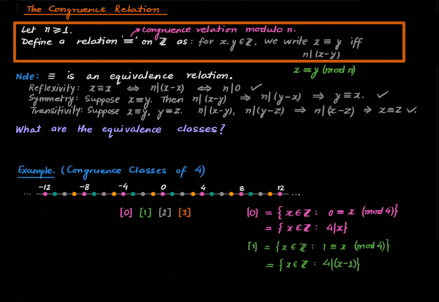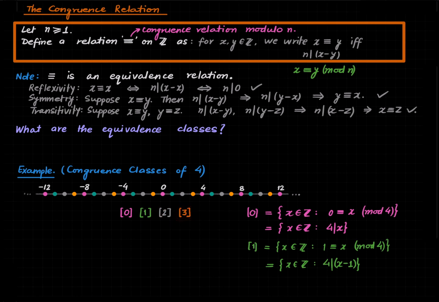And those are the things which are 1 shifted by the equivalence class of 0. So 1 and 5 and 9 and, going the other way, minus 3. Yeah. So those things which leave a remainder of 1 when divided by 4, that is another way to say it. So that's the equivalence class of 1. And similarly, we have the equivalence class of 2 and the equivalence class of 3.